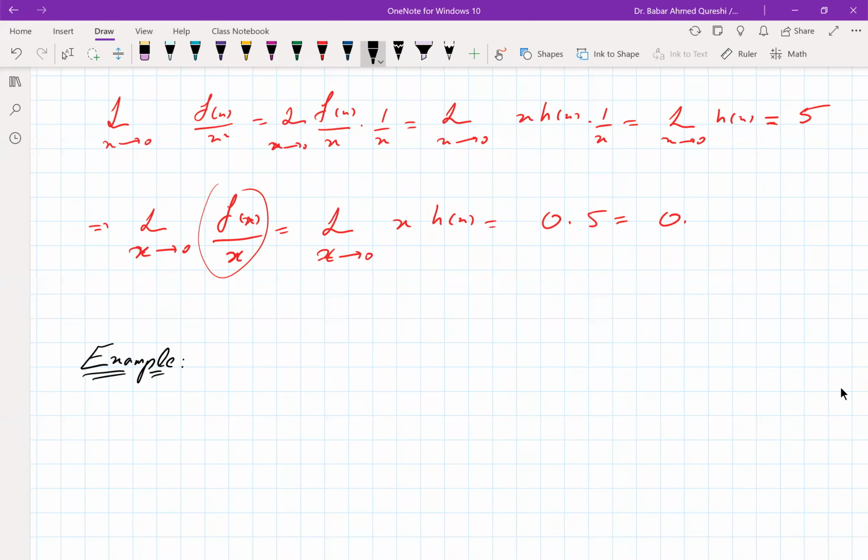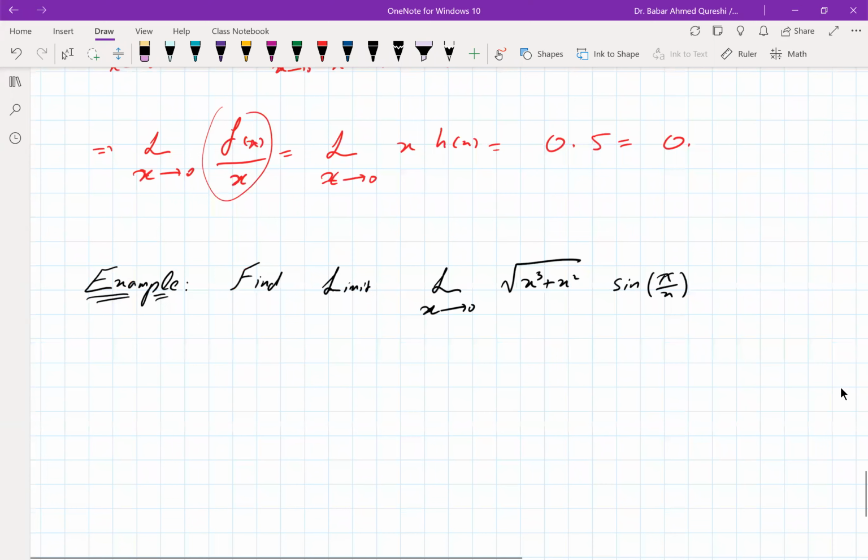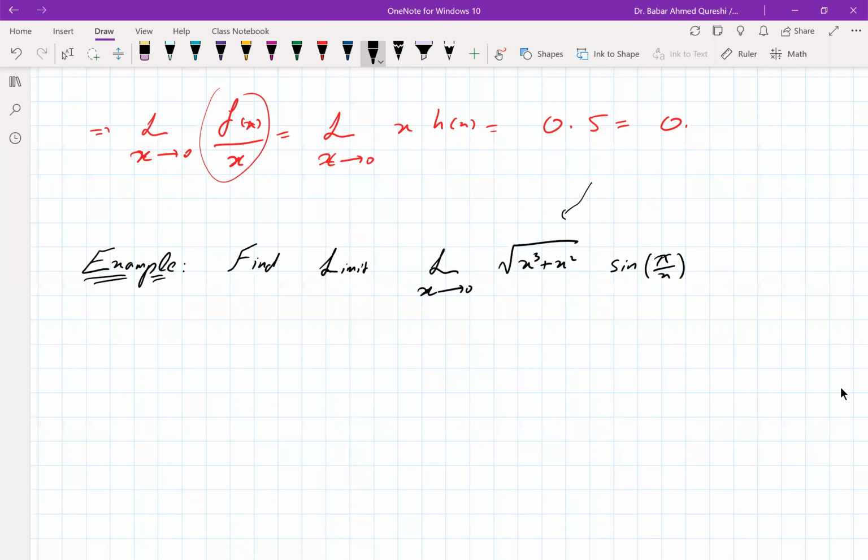So suppose you want to find this limit. Now this gives me an idea, because this guy, its limit is going to 0.